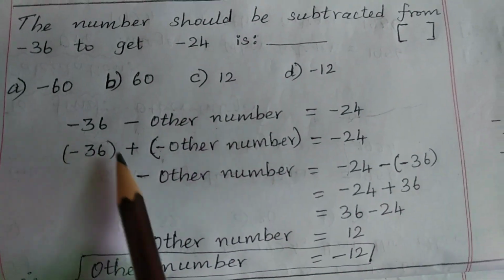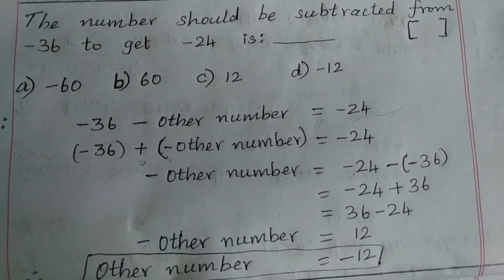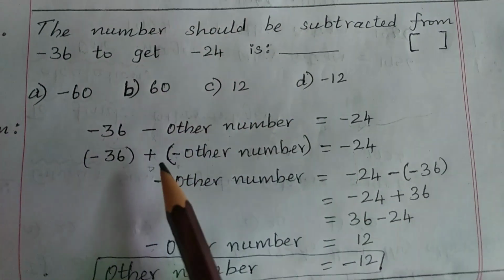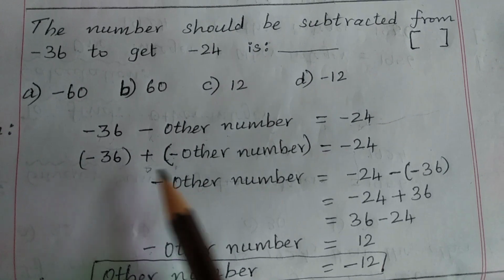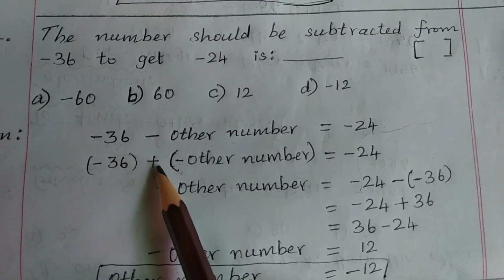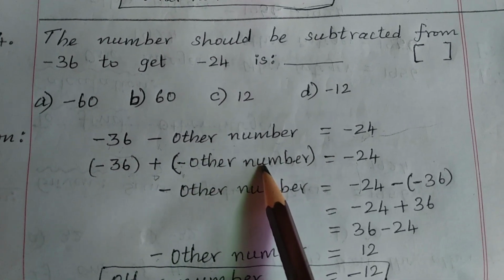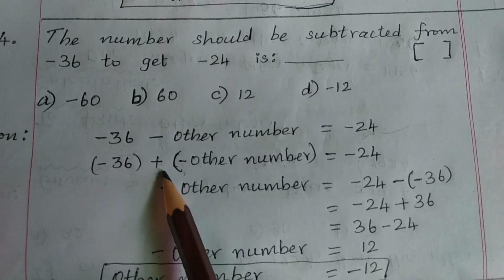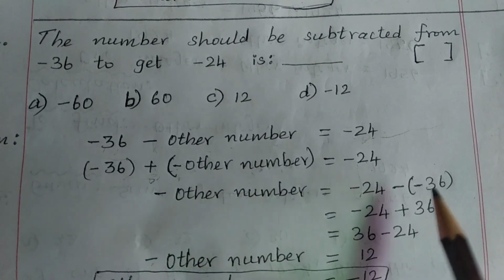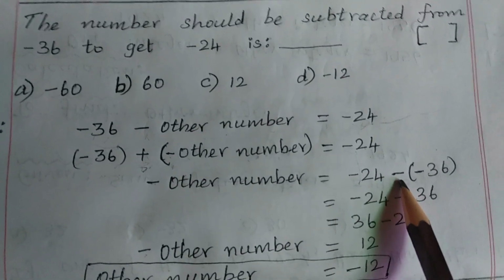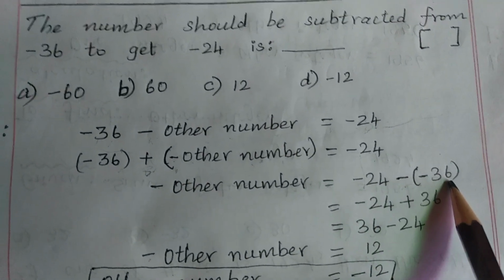It has a positive sign because, for example, imagine 2 plus 3 is equal to 3 plus 2, right? So minus 36 plus minus other number is nothing but minus other number plus minus 36. This plus minus 36 has become minus of minus 36.